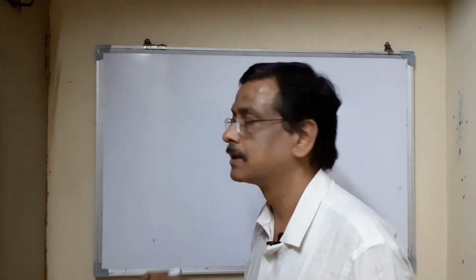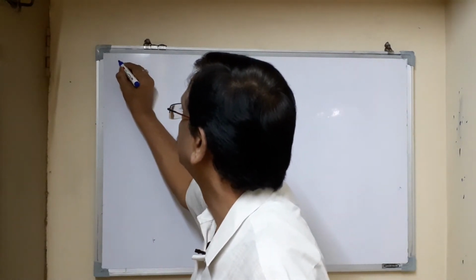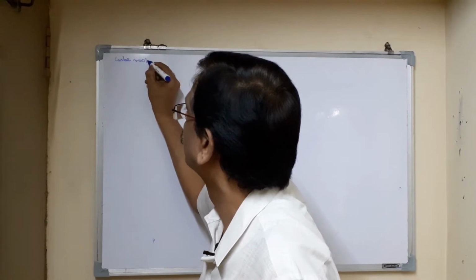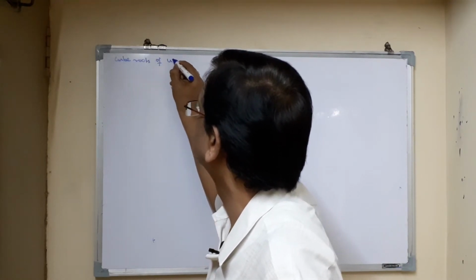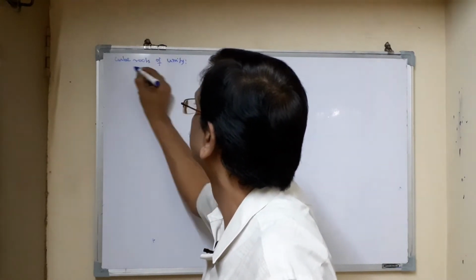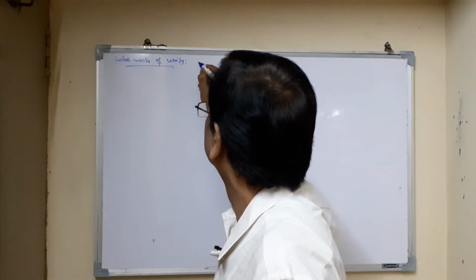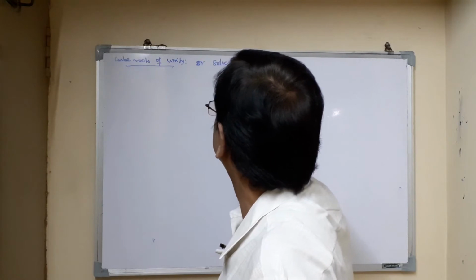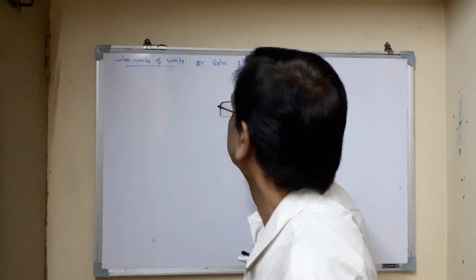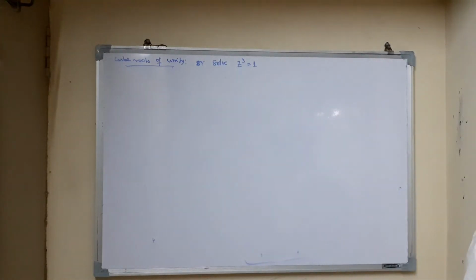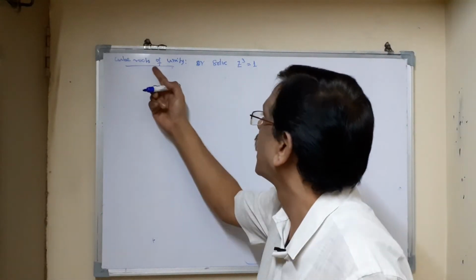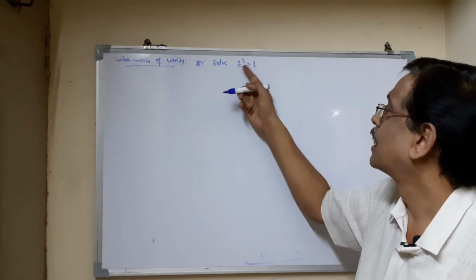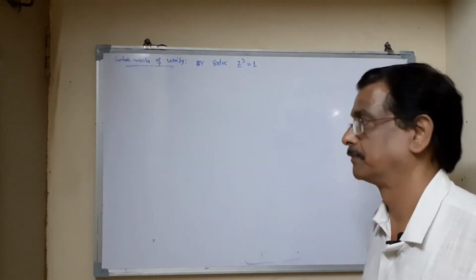Now, using this, how to find the cube roots of unity? That is, solve z cube equal to 1. I'm talking about complex numbers, so I can talk about the cube roots of unity. Unity means 1. So I would like to solve z cube equal to 1.